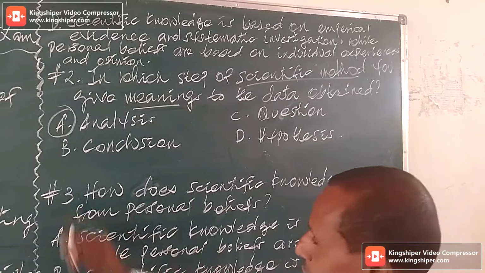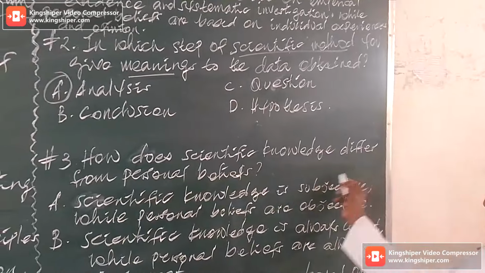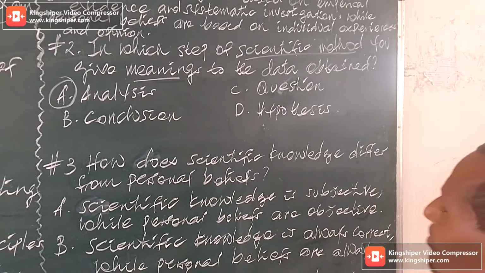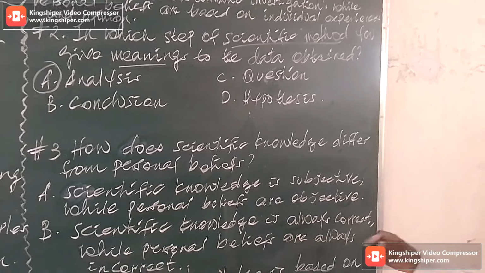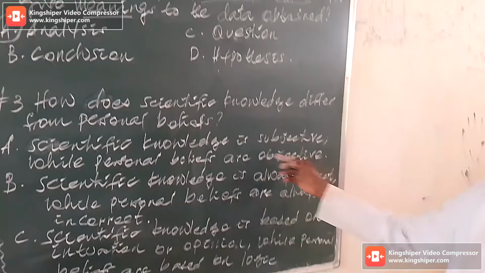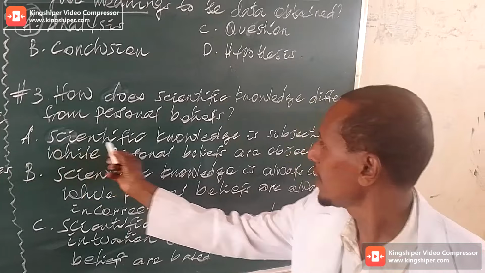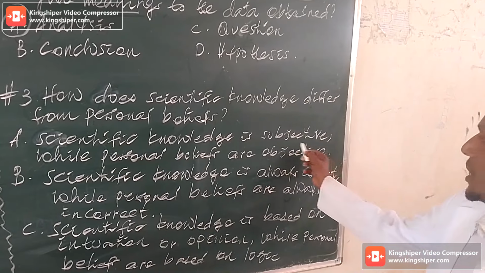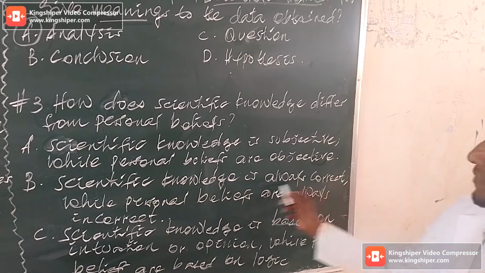The next question, number 3, says, how does scientific knowledge differ from personal beliefs? We are comparing the first one, scientific knowledge, and the other, personal beliefs. Choice A says that scientific knowledge is subjective while personal beliefs are objective.